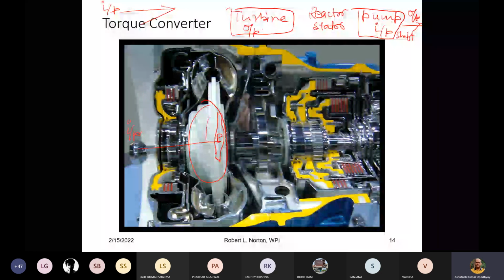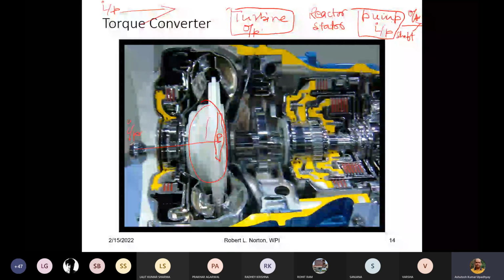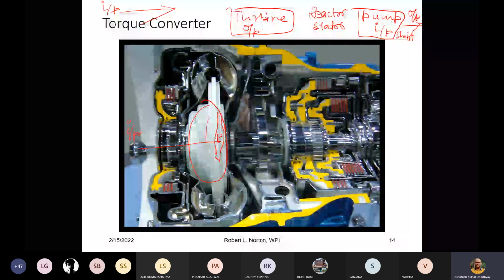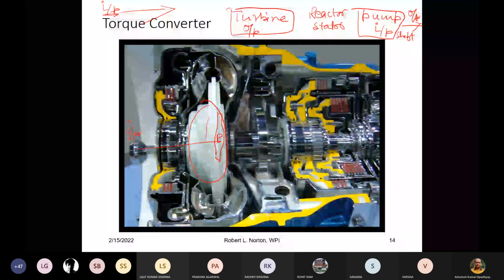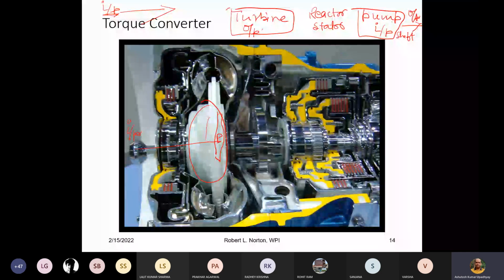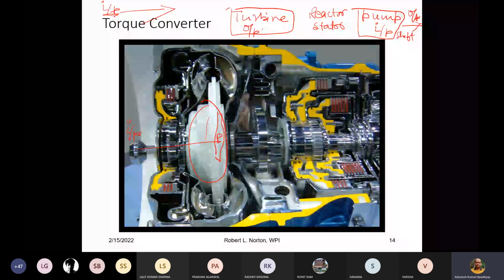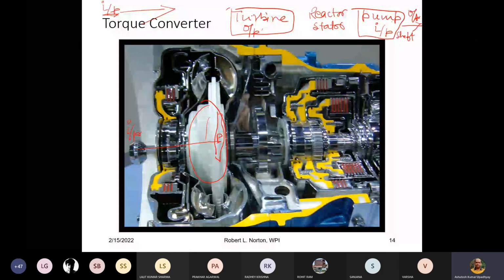This centrifugal pump will always be in rotation because it is connected to the input shaft. So when it is always in rotation, it will keep on pumping the fluid. It will pump the fluid to what? The turbine.